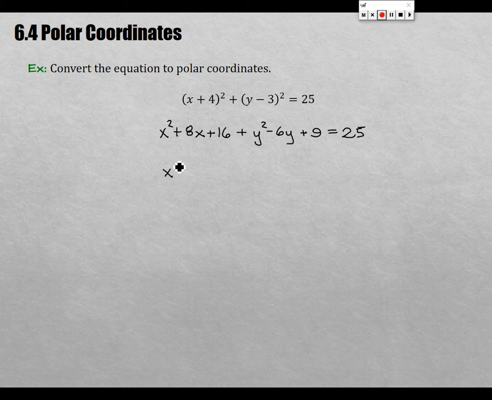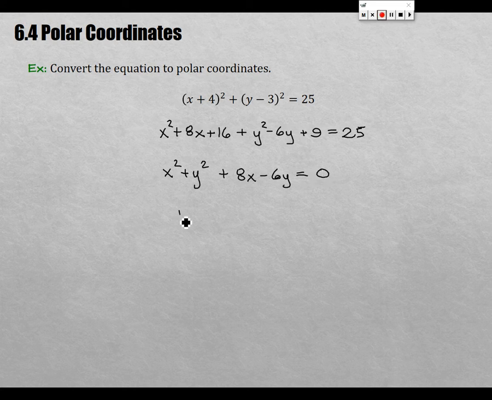Yeah, certainly x squared plus y squared is nice. That part will be r squared. So we'll use that. We also get an 8x and a minus 6y. And the 16 and 9 make 25. Yeah, that's going pretty well for us.